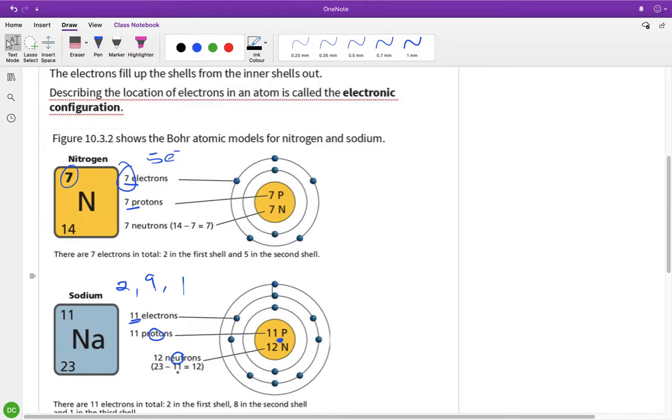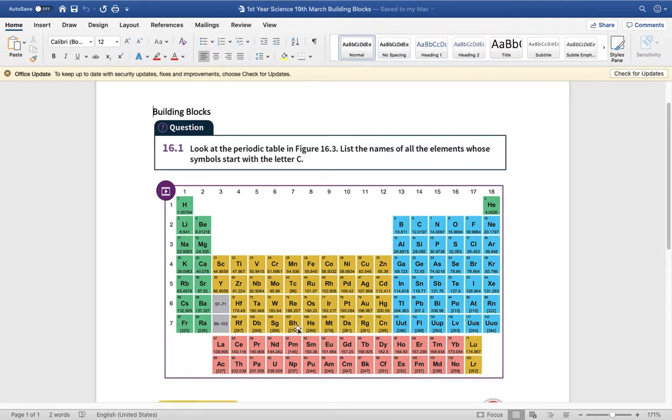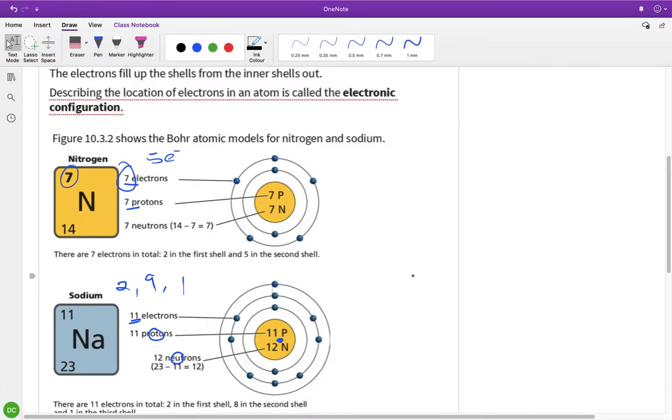Okay, so I'm going to try and do one with you. Let's pick something here. We'll do silicon, and it's 14, 28.